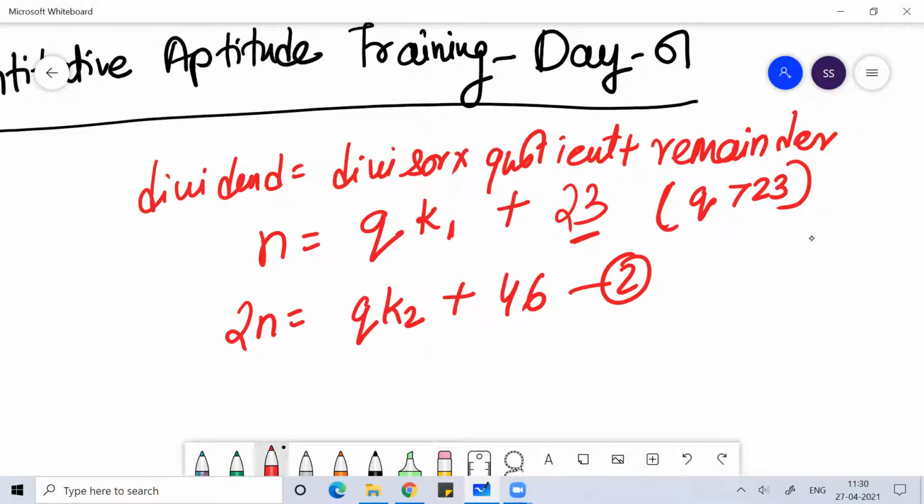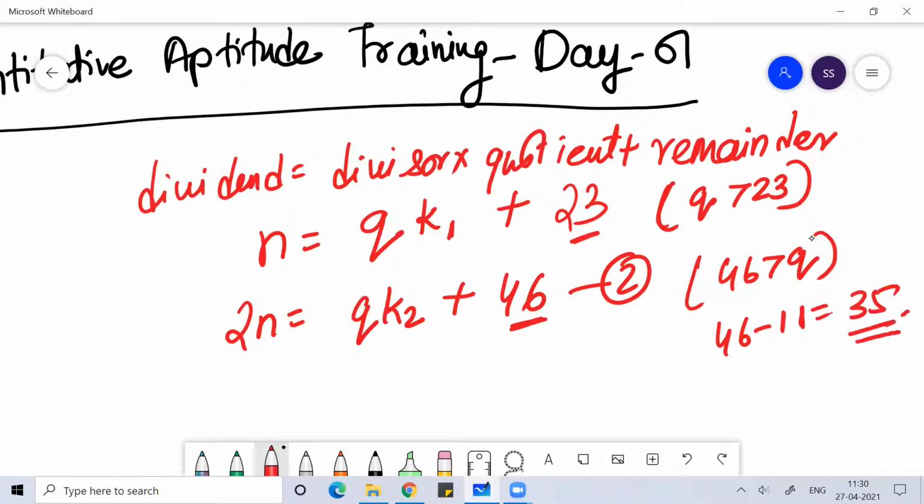But when you double the number, why are you not getting a remainder 46? Why are you getting 11? Because 46 is more than your divisor. How much more than the divisor? That is 46 minus your divisor, which is equal to 35. Very simple.